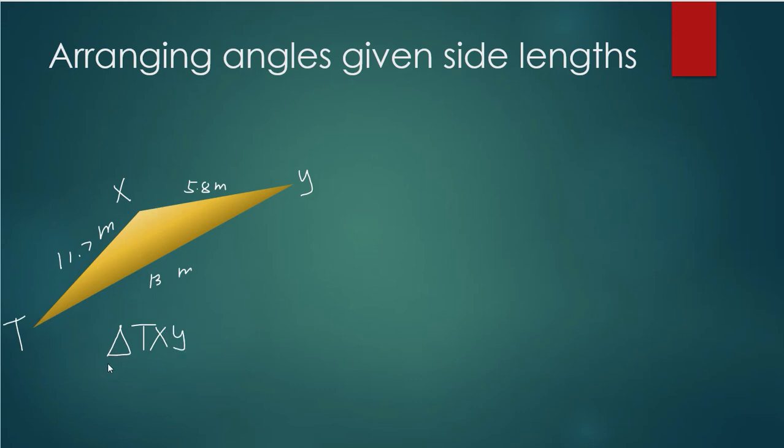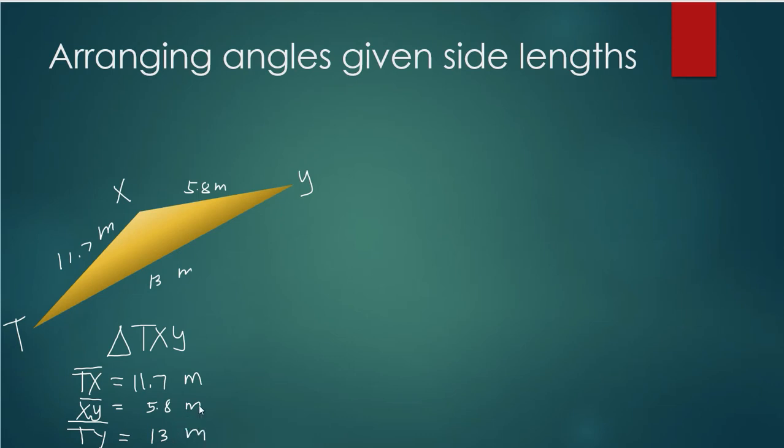Then you identify all the sides first, and then you can write the measure of the sides. Side TX has the measure 11.7 meters, and then side XY has the measure 5.8 meters, while side TY has 13 meters as its measure.